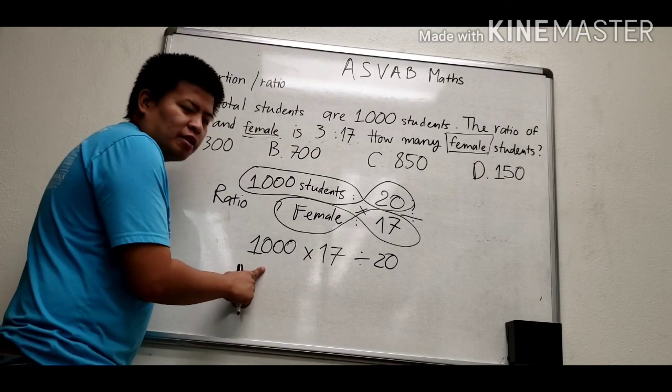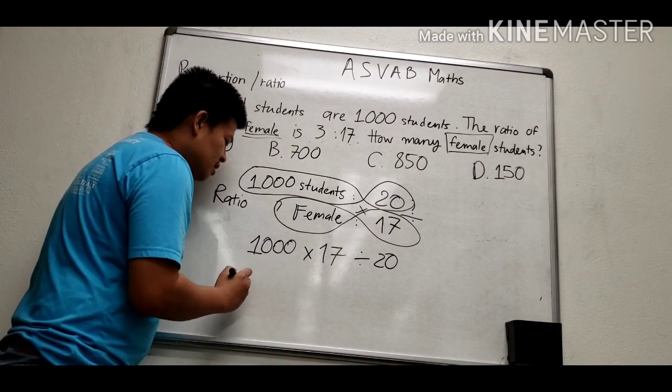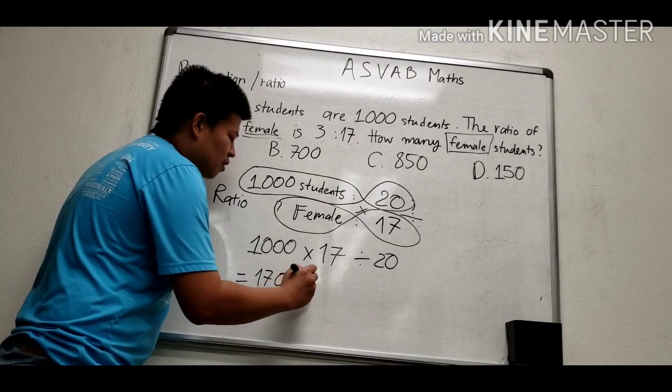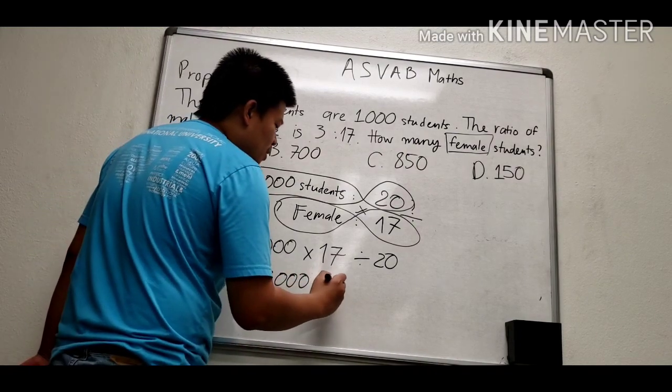We know that 1,000 multiplied by 17 is 17,000, and we will divide by 20.